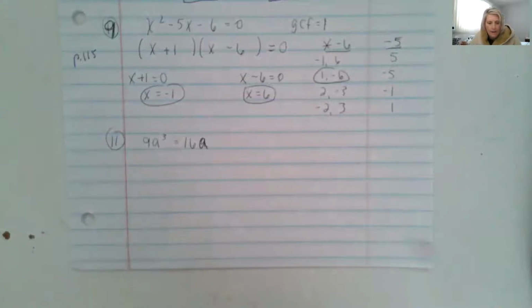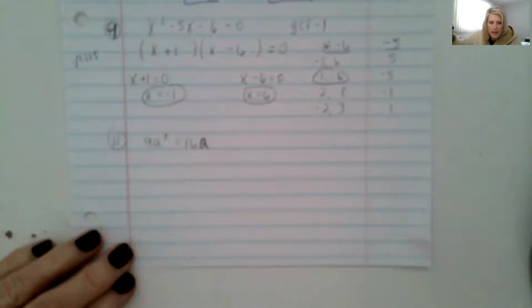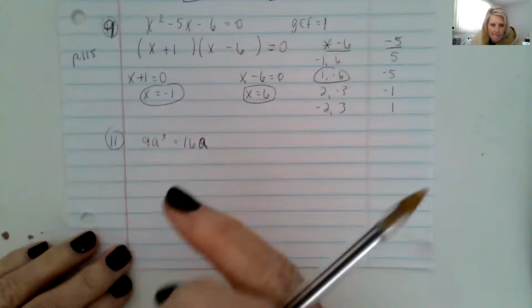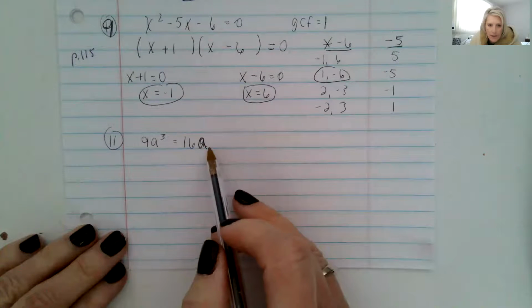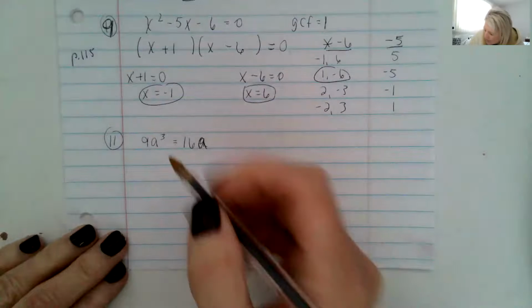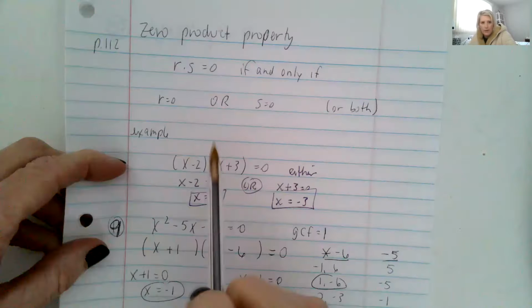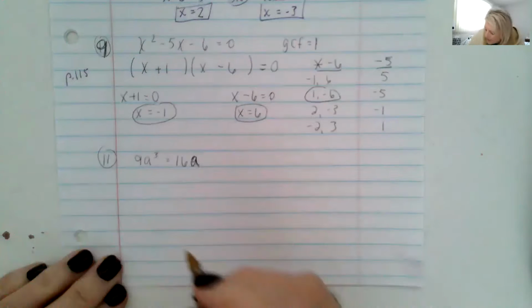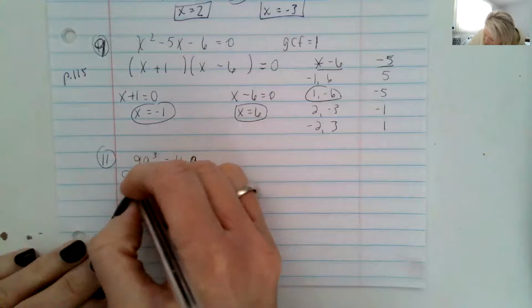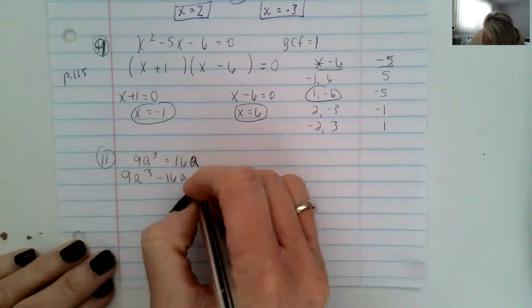Next problem. Okay, so we have an a cubed on the left and an a term on the right. So we're going to do some factoring, but that means we have to get everything to one side so it's equal to 0. We can only use that zero product property up here if it's all equal to 0 from one side. So I'm going to put everything on the left by subtracting 16a.